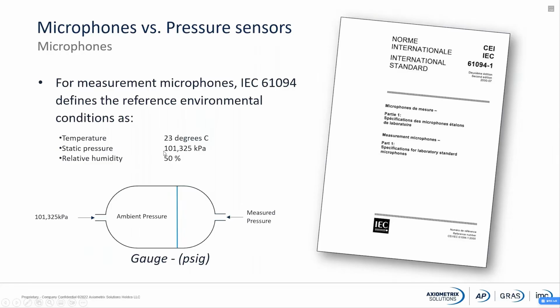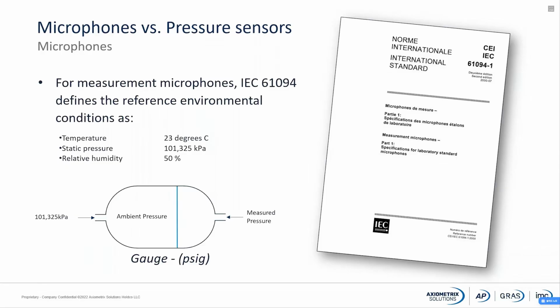So if you remember the first slide I was putting on, that was the static pressure. That was the average static pressure at sea level around the world. So this is 1 atmosphere's pressure. So these terms are described in here, and everything is calculated out from this reference environmental condition.